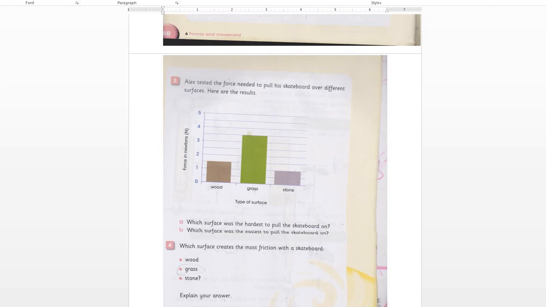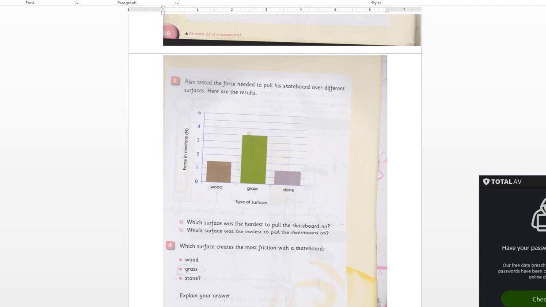This is because it requires more force to pull a skateboard over grass than the other surfaces, which suggests that grass creates the most friction. Are we together? All right.